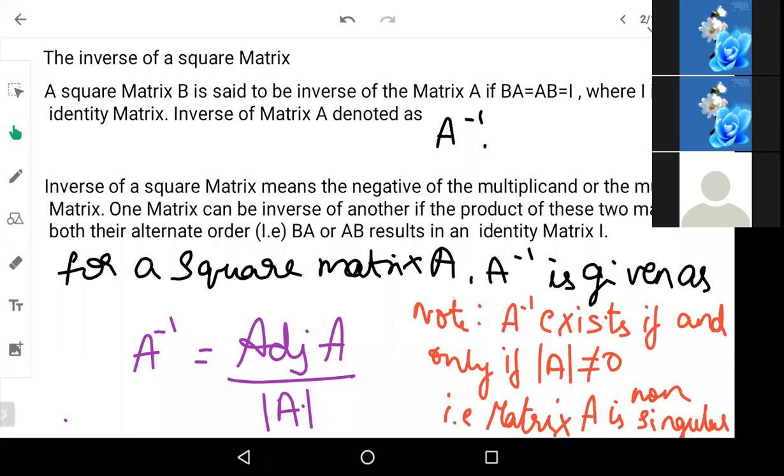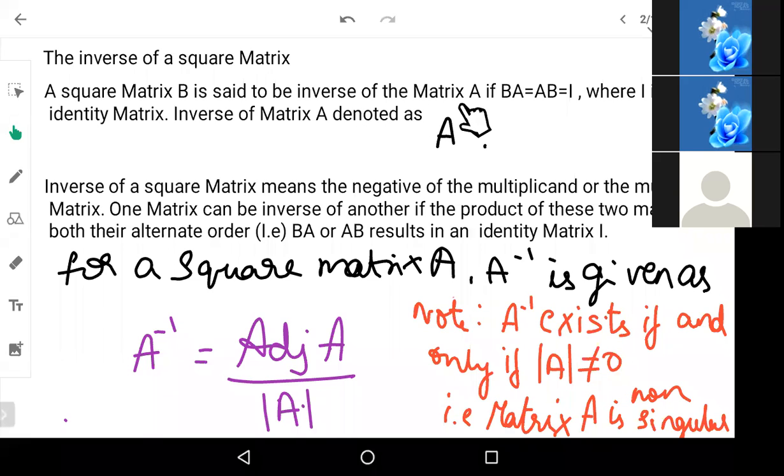If you remember, when we did the multiplication of matrices, B into A and A into B was not equal. You will get a different answer. But when you are finding the inverse of the matrix, a square matrix B is said to be an inverse of A.